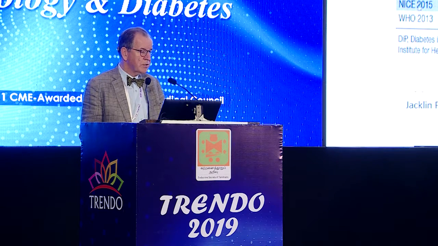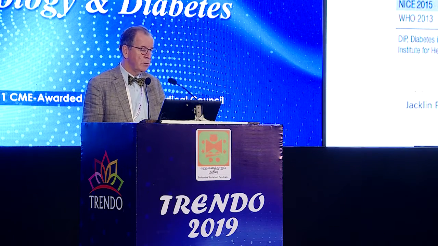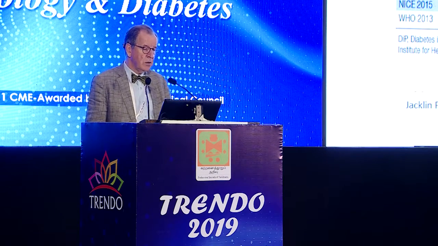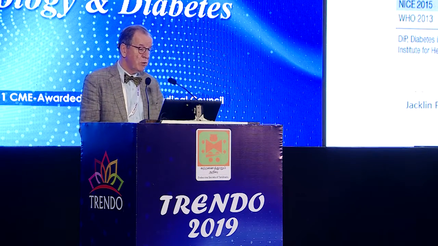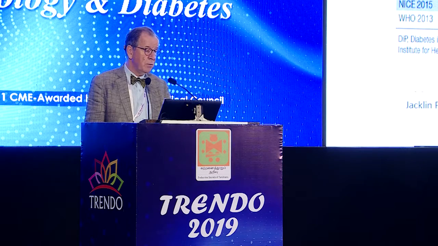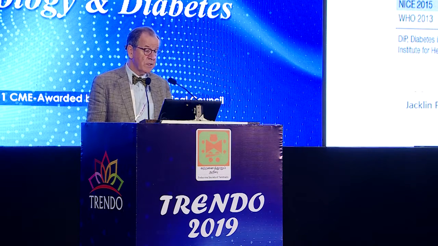So using our NICE criteria, 7% of the women in Norwich who had risk factors would be diagnosed with gestational diabetes. In the HAPO population, the whole population, it would be 14%. In those with risk factors, 17.7%, so a good bit more than Norwich. Without risk factors, it would still be 8%.